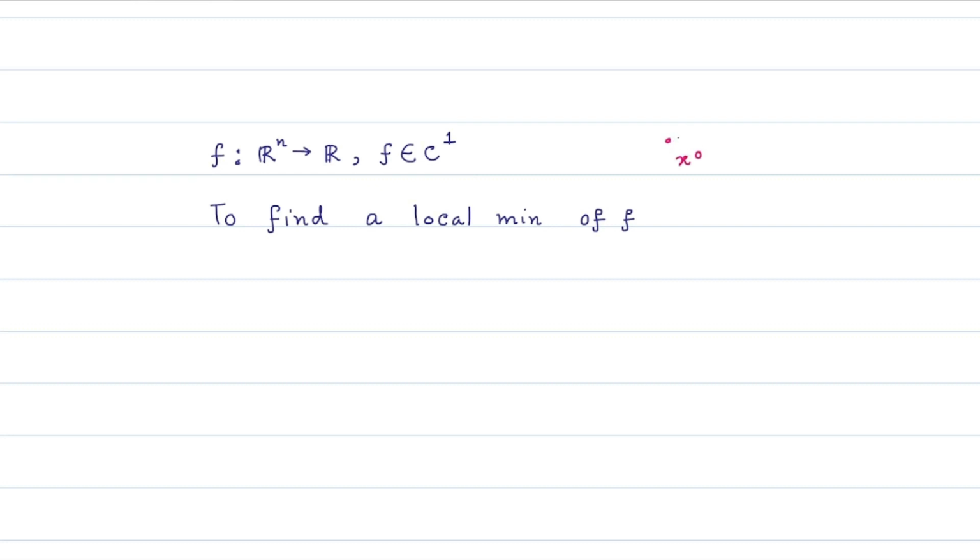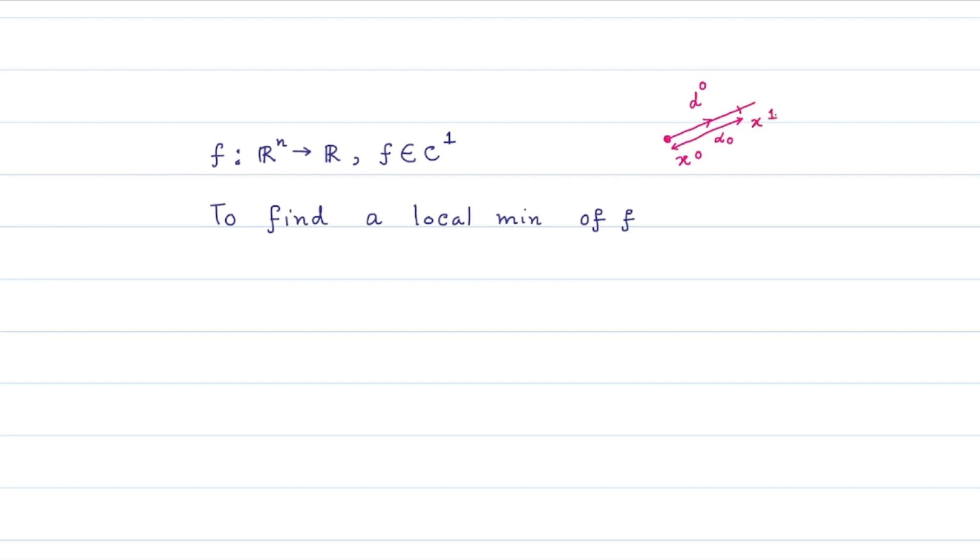Then at the point x naught, we find a descent direction of the function f. Let's suppose we choose a direction d naught that is a descent direction of f at x naught. Identifying this descent direction d naught, we find a step length, say alpha naught, to be taken along the direction d naught. After taking this step length alpha naught along d naught, we reach the point, say x1.